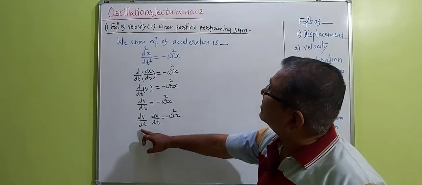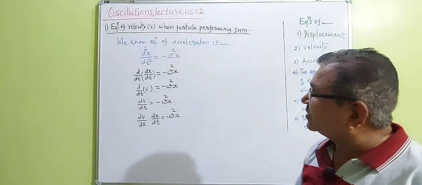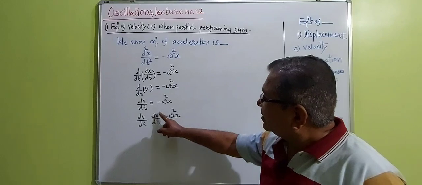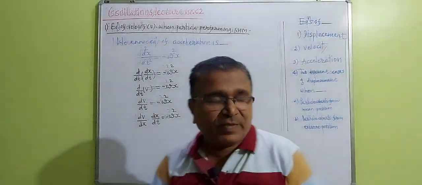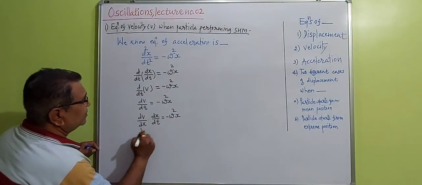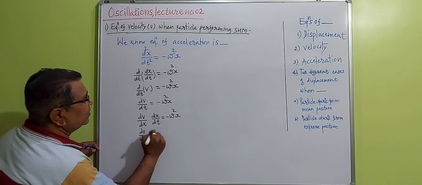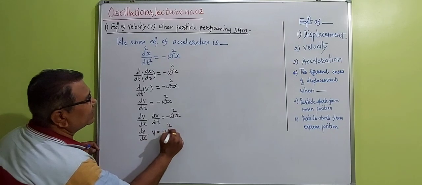There is no change. Then again here dx by dt is the velocity. So we can write dv by dx, and dx by dt is nothing but the velocity, which is equal to minus omega square x.